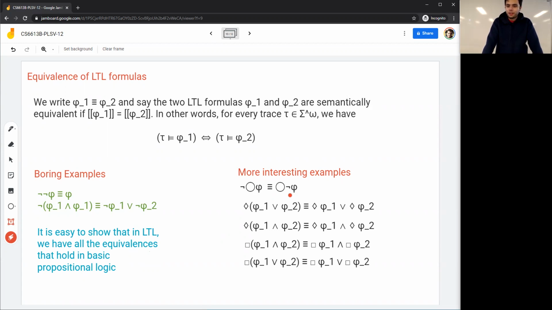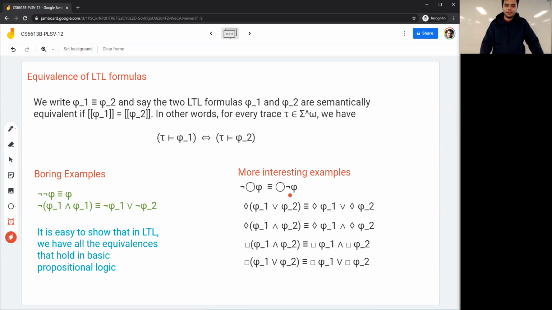Who says no? How many people say no? Let's do a poll. Any naysayers? Okay, so everyone thinks this holds. It holds actually, yes.